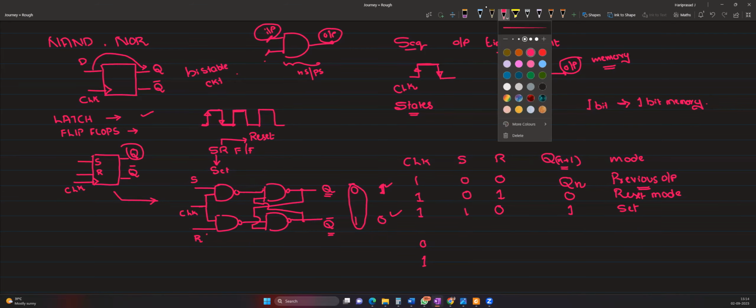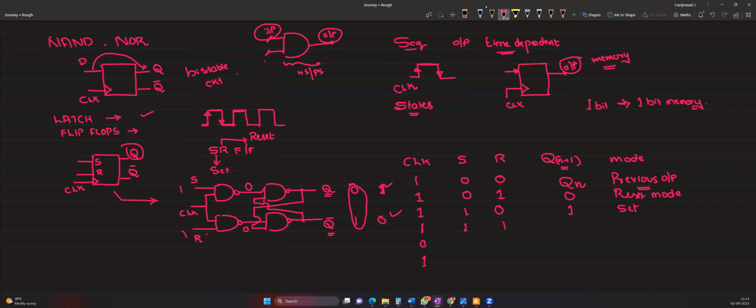Now consider clock is 1 and S and R are both 1, 1. When both become 1, 1, these will become 0, 0. When these are 0, 0, the outputs are forced to 1, 1. See, in a bistable format, if Q is 1, Q bar should be 0, correct?